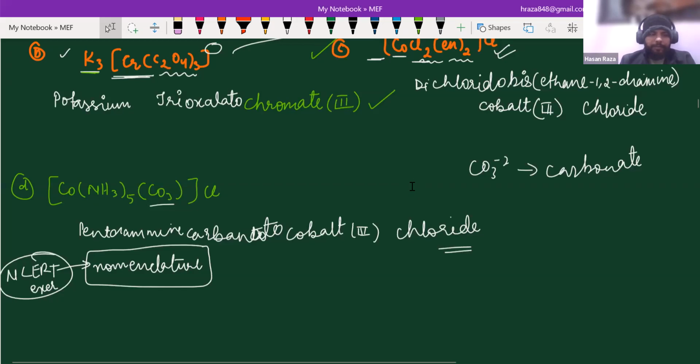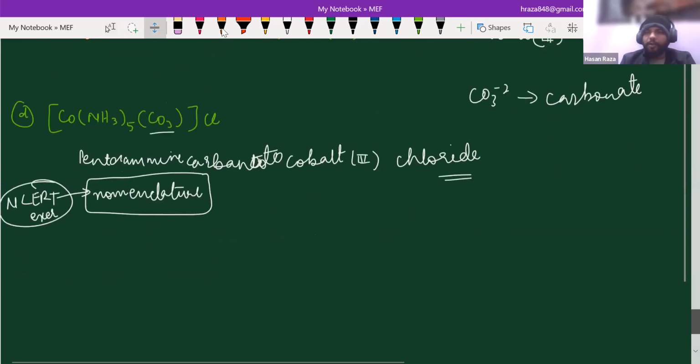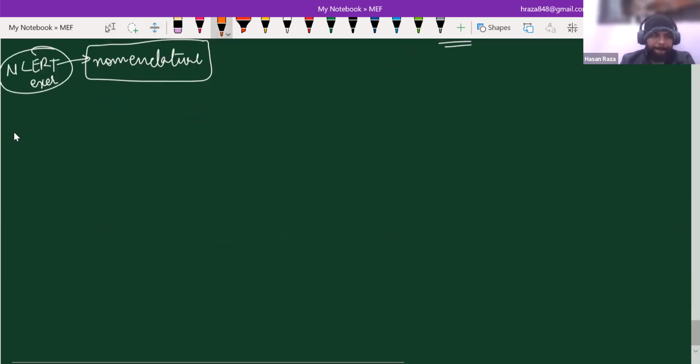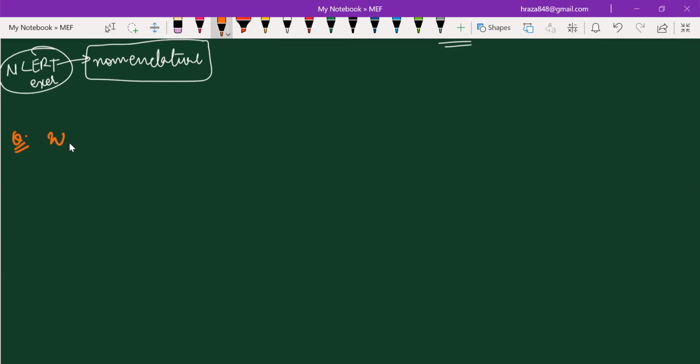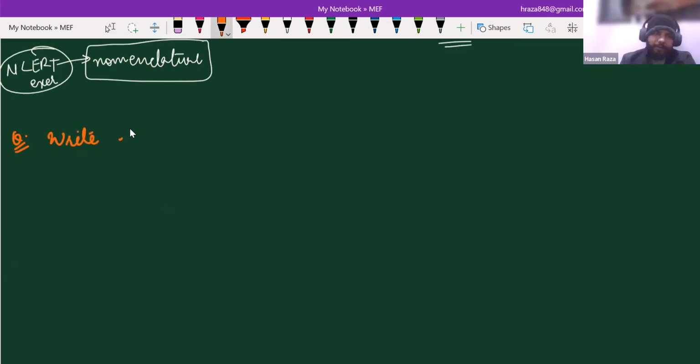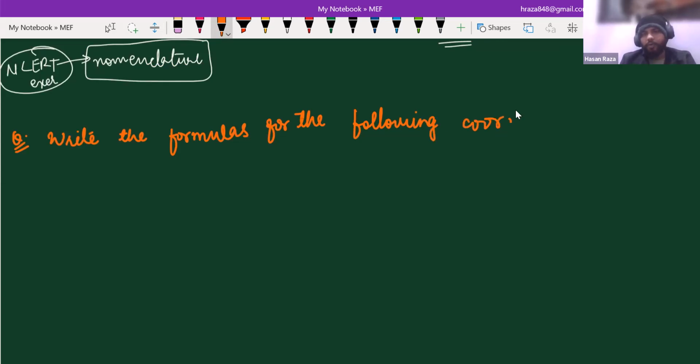Can you see the screen? Are you able to see the screen? Yes, sir. Now see. Write the formulas for the following coordination compound.